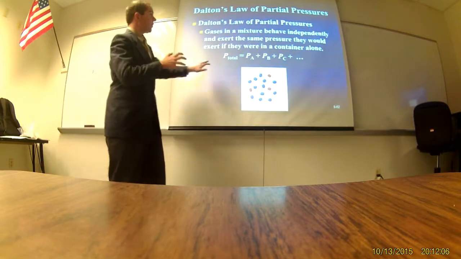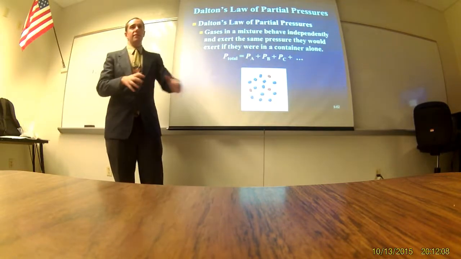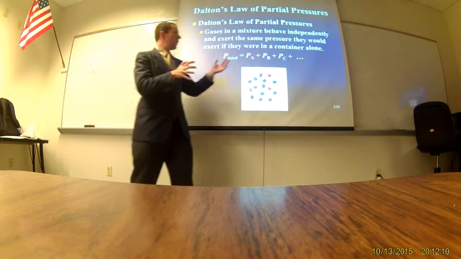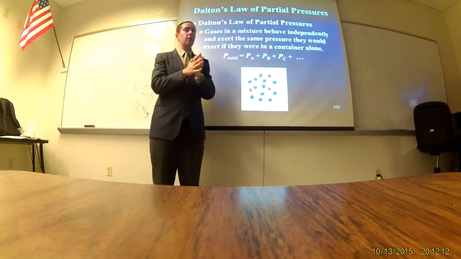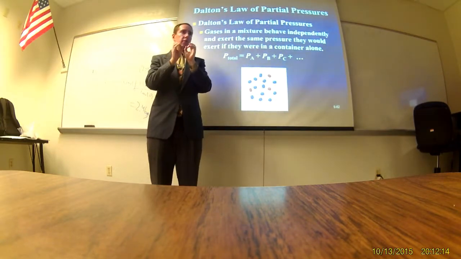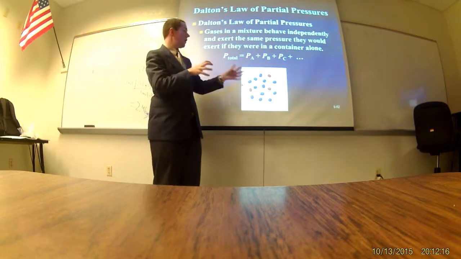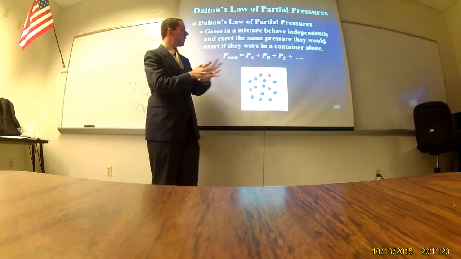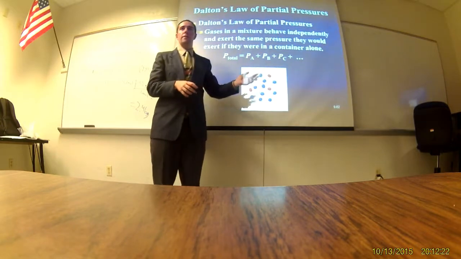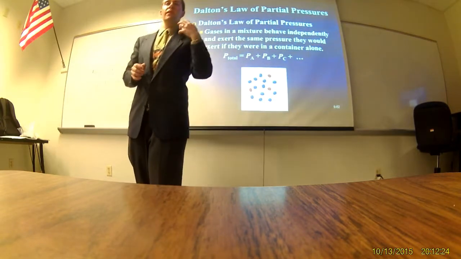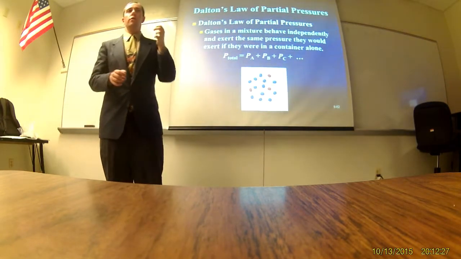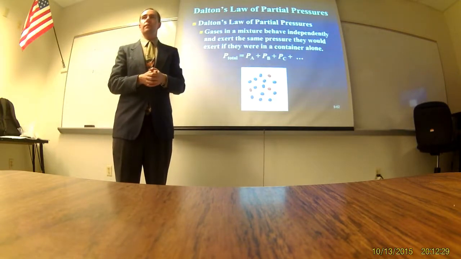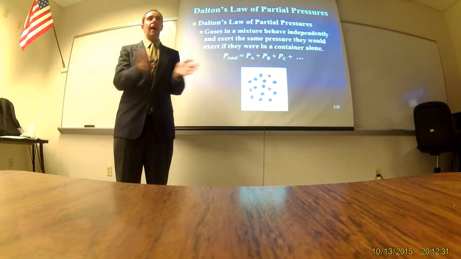The type of question that you're most likely to see here is: if you have a container with a partial pressure, the term is partial pressure if you're just talking about one type of molecule in a container. The partial pressure of nitrogen is 1 atmosphere. The partial pressure of oxygen is 2 atmospheres. What's your total pressure? 3 atmospheres. Add them together.